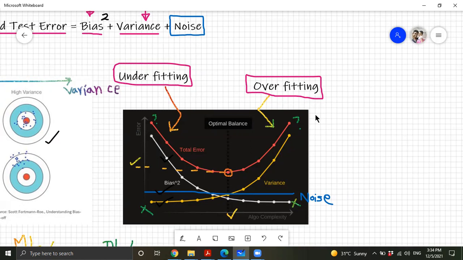But if it gets 60% or 70%, we have overfitted the model to the training data. So for that, we need to reduce the complexity of the model, so that we can make it a perfect fitting.